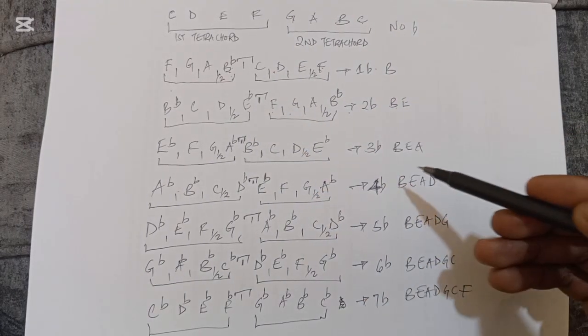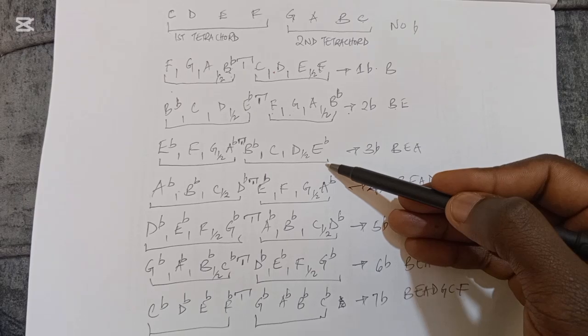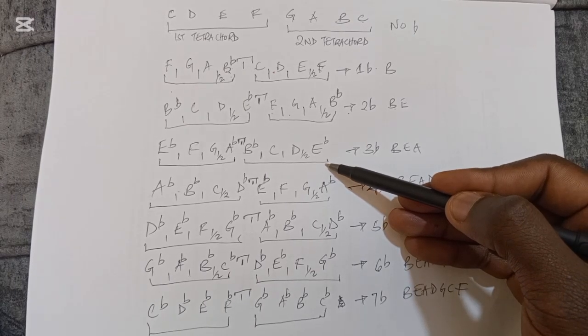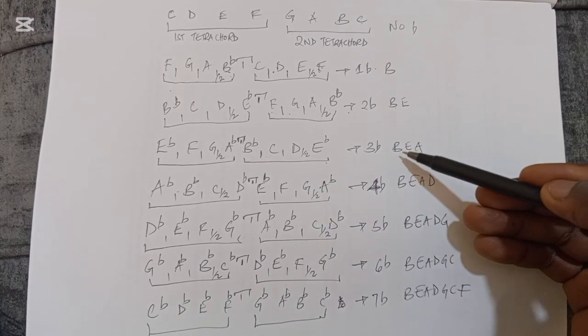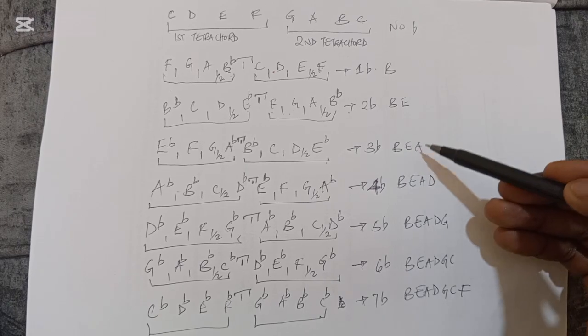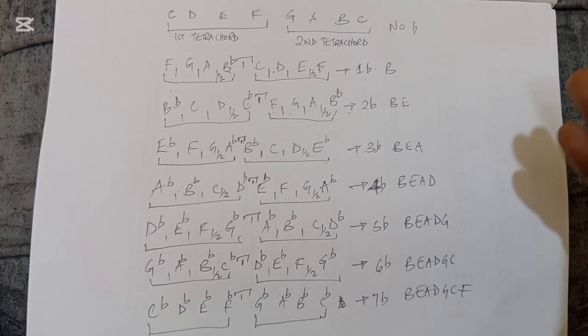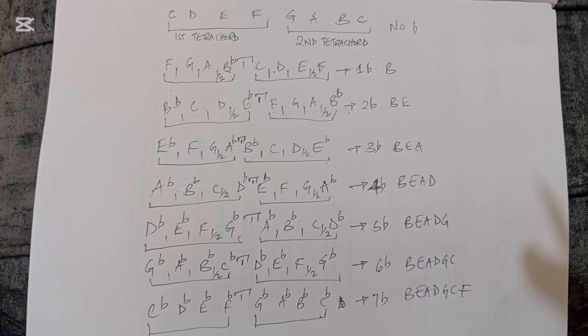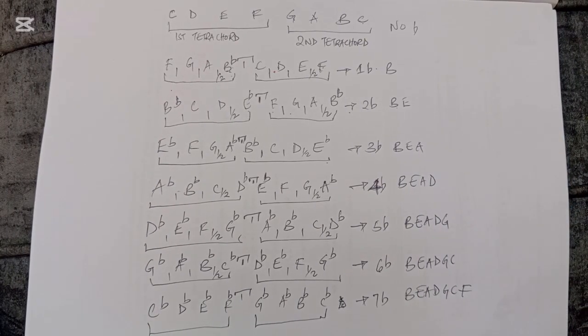We can see the next is the E flat major scale, and the E flat major scale has three flats, which are on B, E, and A. You can see the pattern, or we can say the sequence, of the flats is constant. The first one which has been flattened, you cannot put after the one which is flattened just after it.